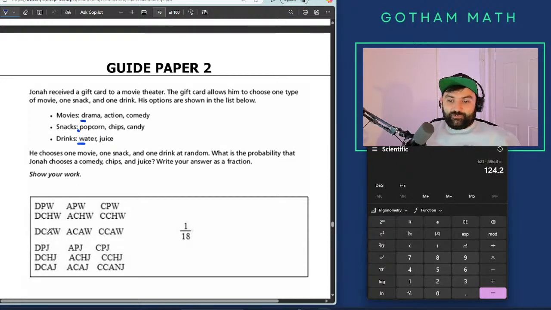Oh. So that someone wrote all the possibilities 1, 2, 3, 4, 5, 6, 7, 8, 9, 10, 11, 12, 13, 14, 15, 16, 17, 18. You see? And then he said, all right, comedy, chips and juice. Oh, he wrote chips as CH. That's why.